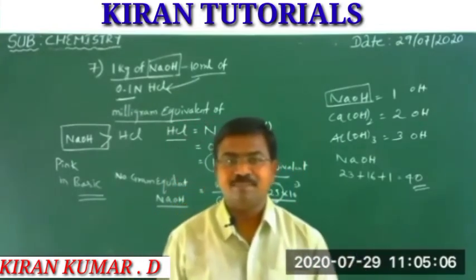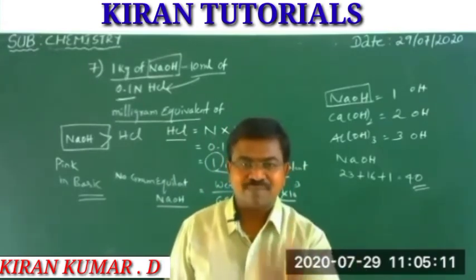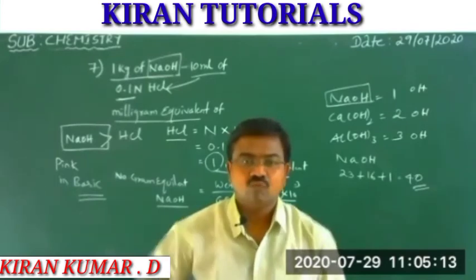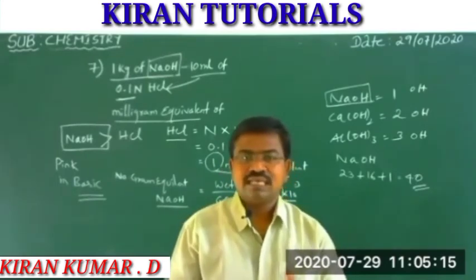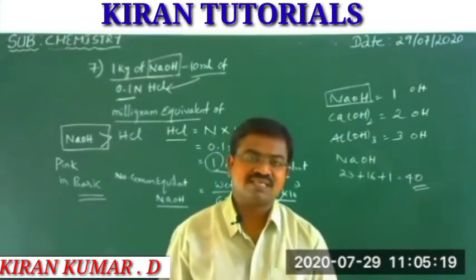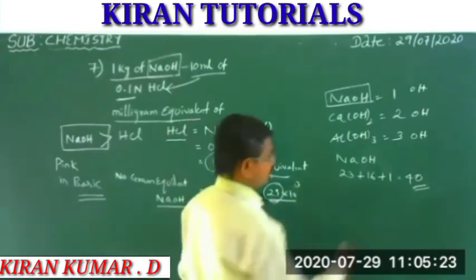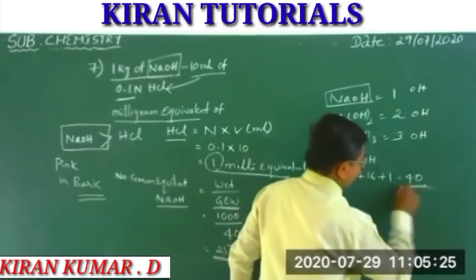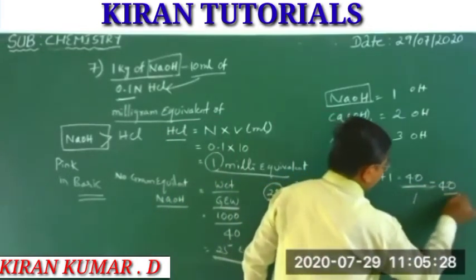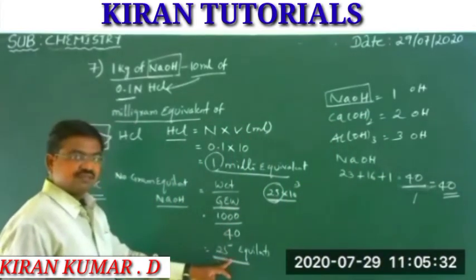Sodium hydroxide is a base. So molecular weight by acidity. What is acidity? Number of OH minus ions present. How many OH minus ions are present in NaOH? Only one. So 40 by 1 equal to 40. So 1000 by 40, that is 25.